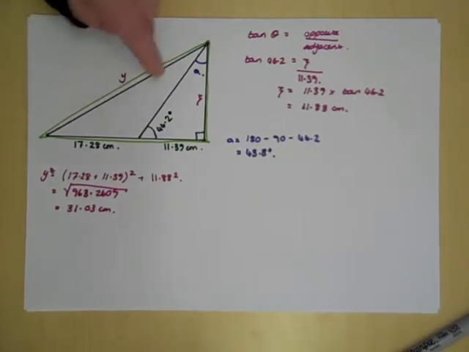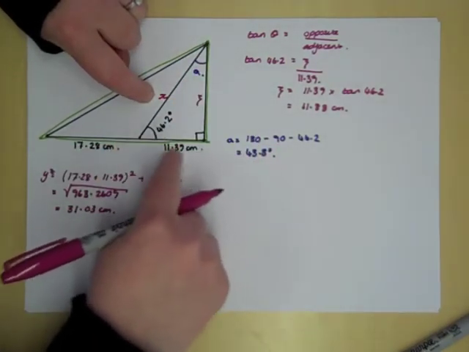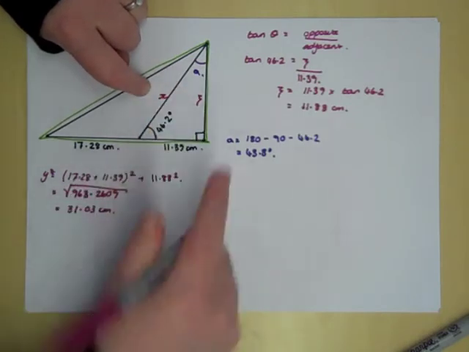And again, just from Pythagoras, I'm going to call this here length x. And if I take this smaller triangle, I know this length and I know this length, and so I can work out x.